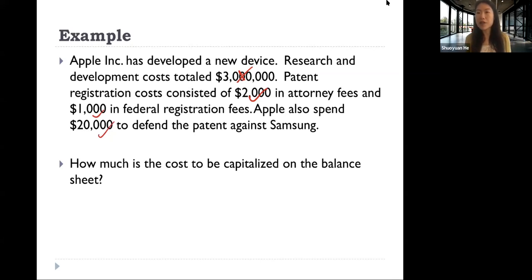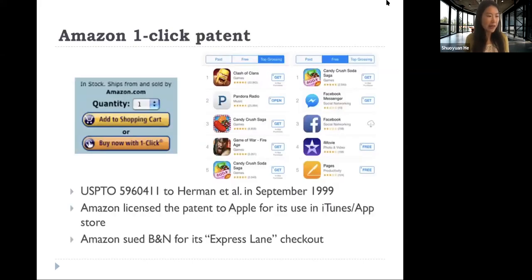So all of those other items can be capitalized. So the total amount that can be capitalized is $2,000 plus $1,000 plus $20,000. So that's $23,000. So that is an example.